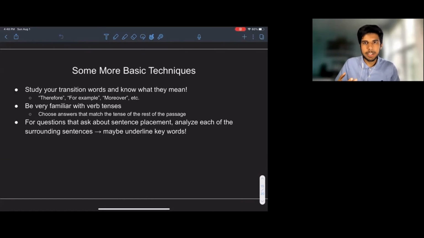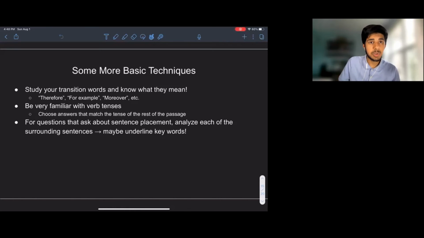And lastly, some more techniques. First, you should be studying your transition words and know what they mean. It's very common that you'll see questions where they underline a word at the start of a sentence or paragraph, and these words, for example, are "therefore," "for example," "moreover," etc. You should be able to analyze the sentence or sentences before and after the transition, see how they relate to each other, and from there choose the appropriate transition word.